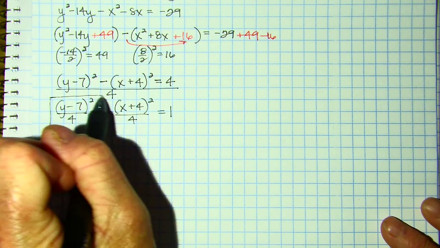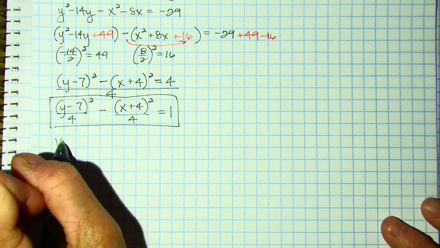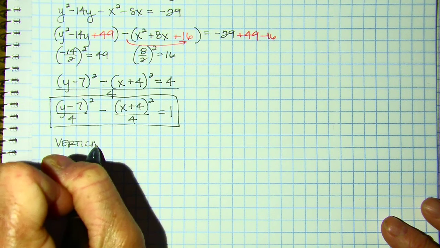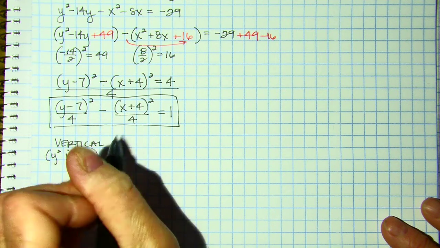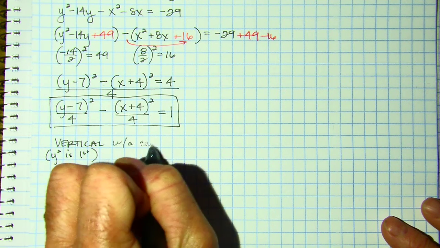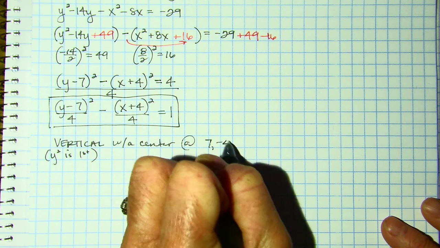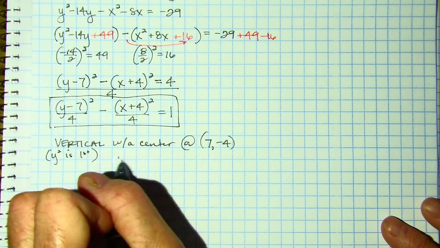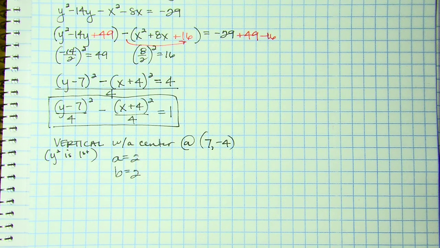Now, because y squared is first, this is vertical. Because y squared is first, with a center at 7 and negative 4. A is 2 and B is 2. Because I'm taking the square root.